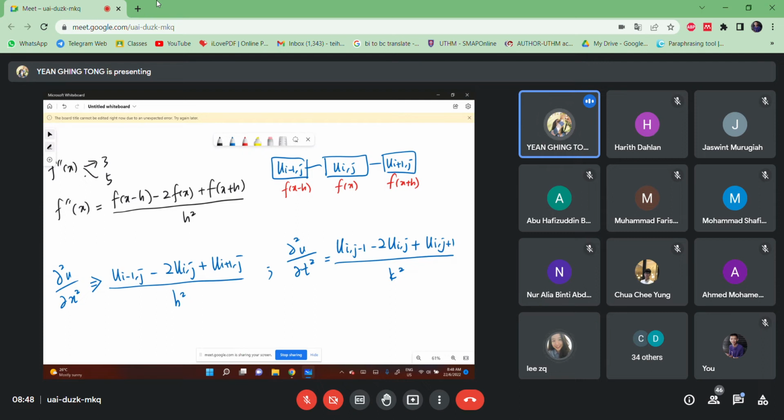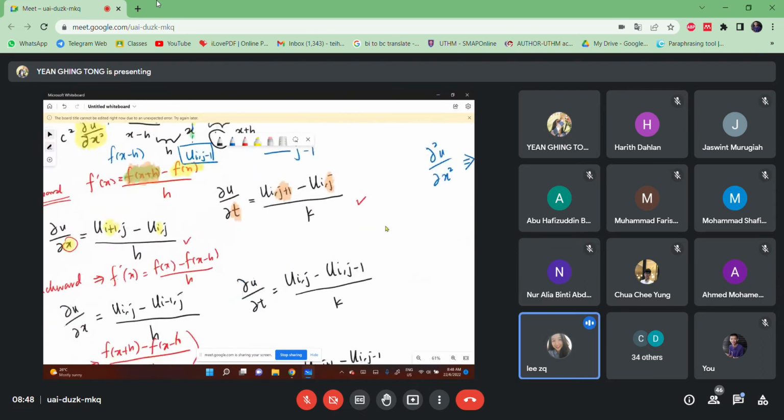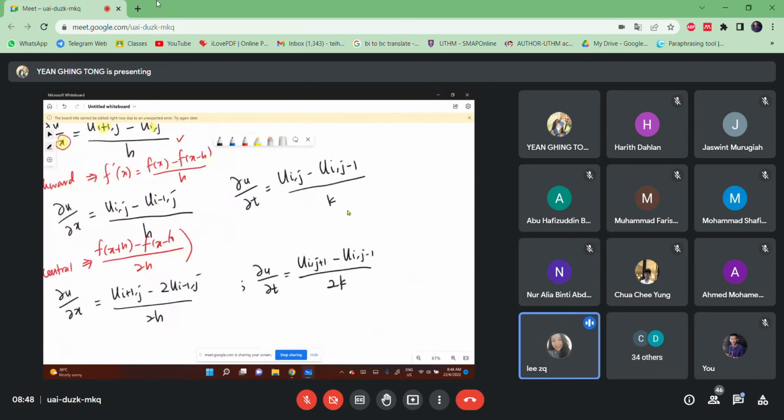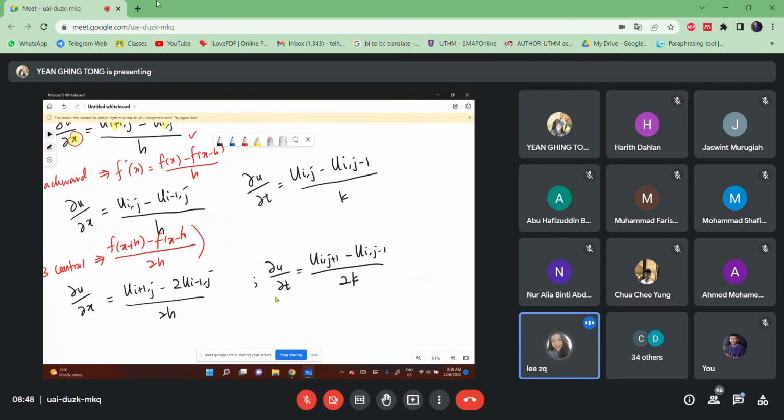Are you here? May I ask, just now there was a 3-point center for the first derivative. I see a 2 inside it, the one with U and X. Is there a 2 on top or 2 at the bottom only?